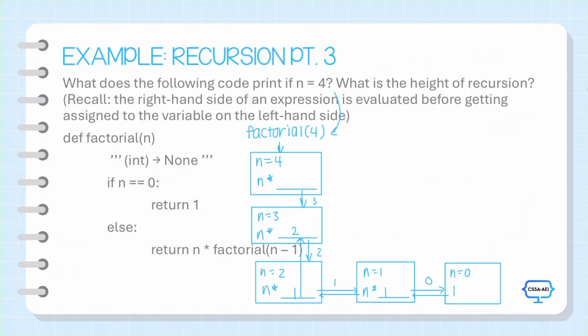And then 3 factorial is 3 times 2, so we're going to get 6. And then lastly, for factorial 4, it's n times 6, so 4 times 6, we're going to return 24. And then our height of recursion is 1, 2, 3, 4 calls.